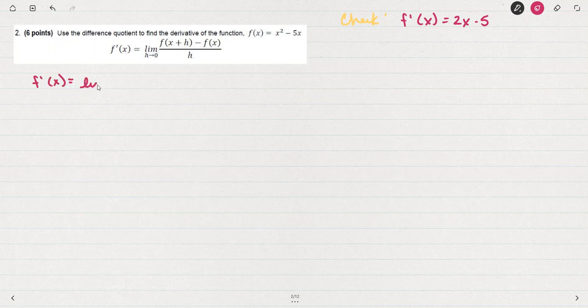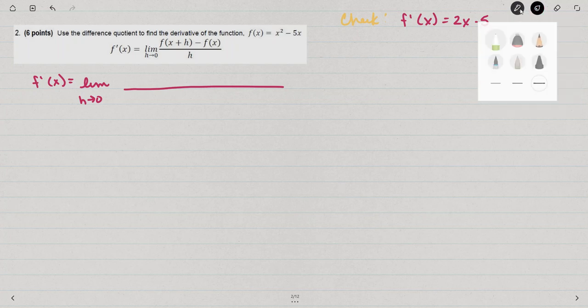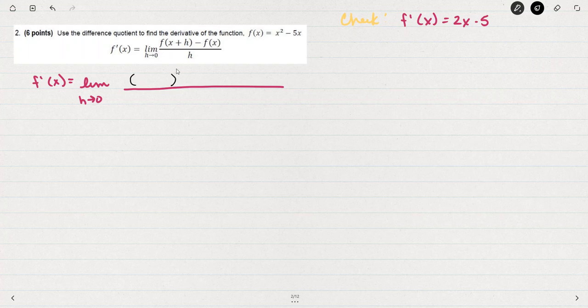This is what it might look like. We'd say that the derivative of f of x is the limit as h approaches 0 of f of x plus h minus f of x. So f of x plus h, I'm going to replace the x's with x plus h.